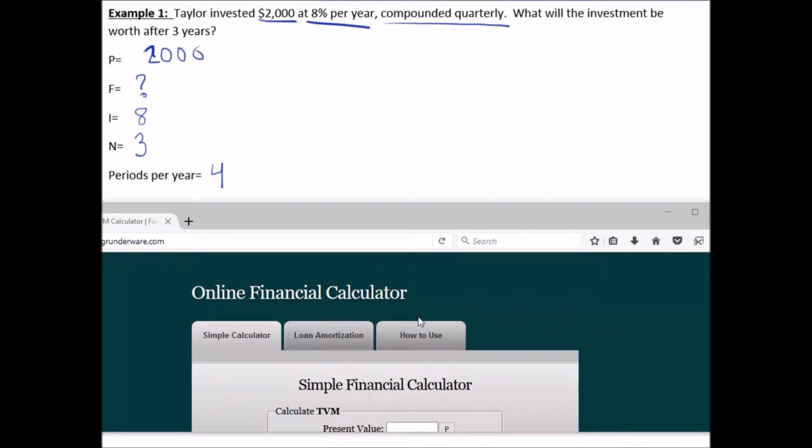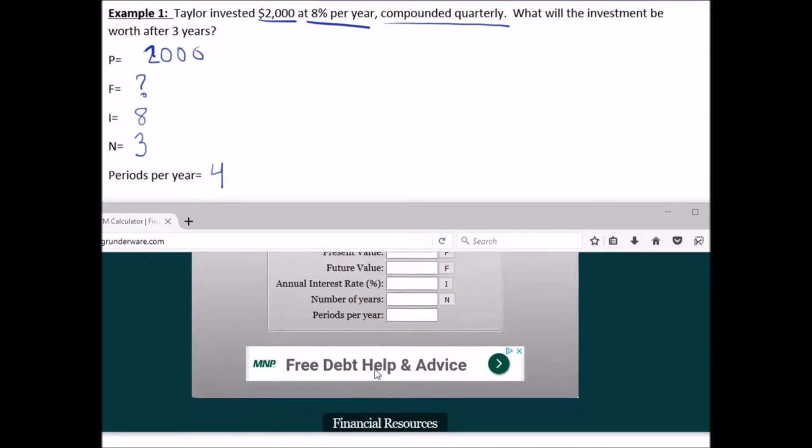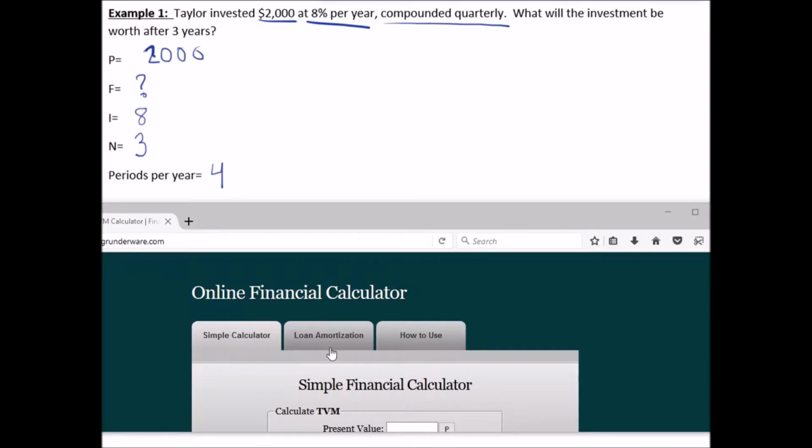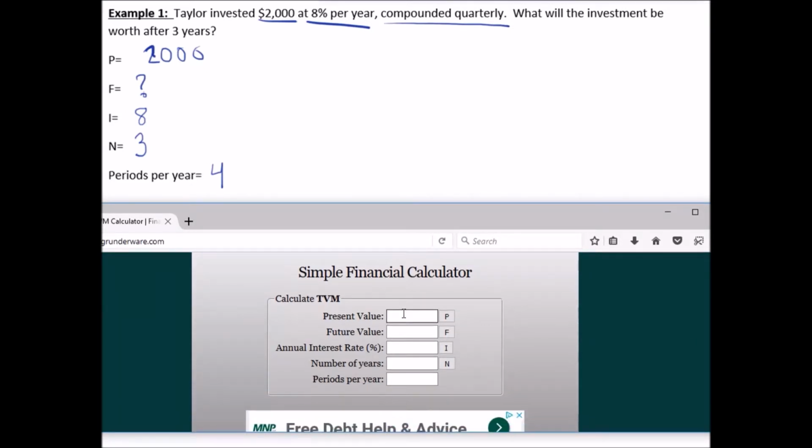So here's the TVM solver. This is at the top of the website. And if we just scroll down a little bit, we're going to be able to sub these values in. So the P is going to be 2,000. We don't know the future value, so leave that blank. Interest rate is 8, number of years is 3, compounded 4 times per year.